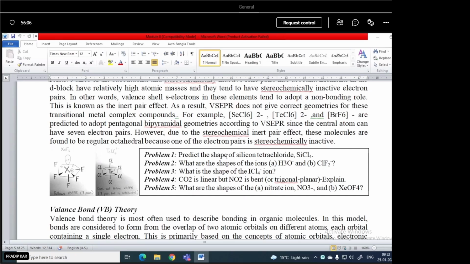So you try to solve those problems. Predict the shape of silicon tetrachloride. Using VSEPR theory, you can try to solve those problems. What are the shapes of H3O minus and ClF2 minus? What is the shape of ICl4 minus?